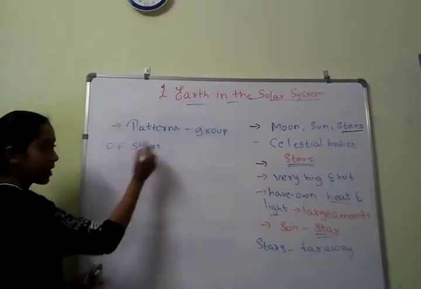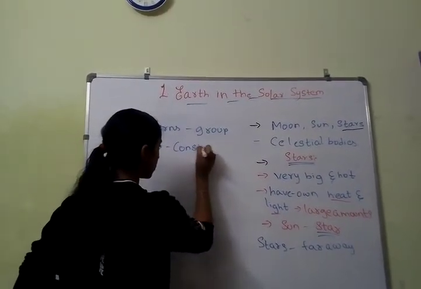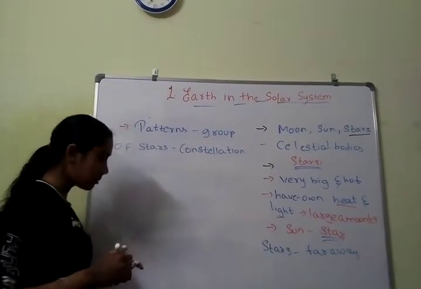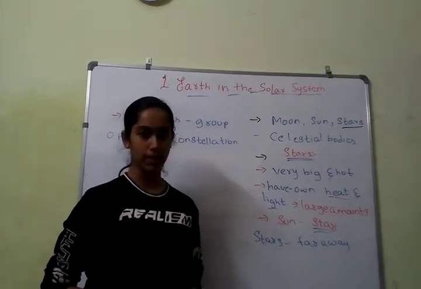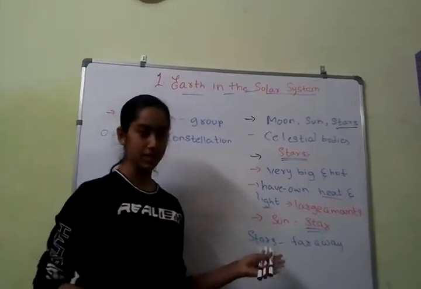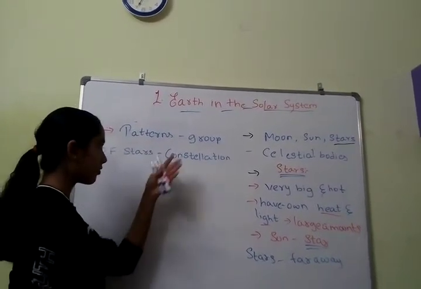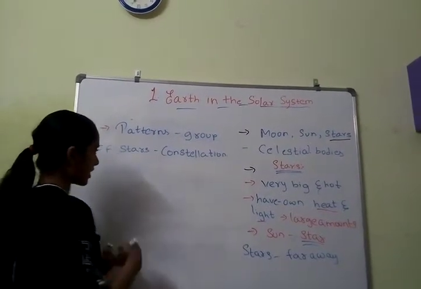The patterns formed by a group of stars are called constellations. Now a question may arise: why do these stars look very small to us? Because these stars are far away, that is the reason.